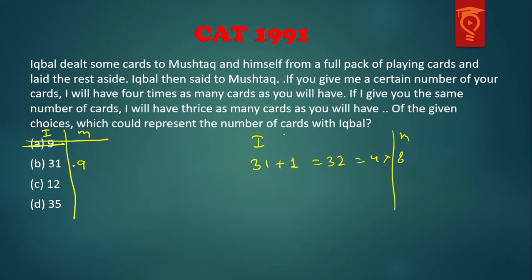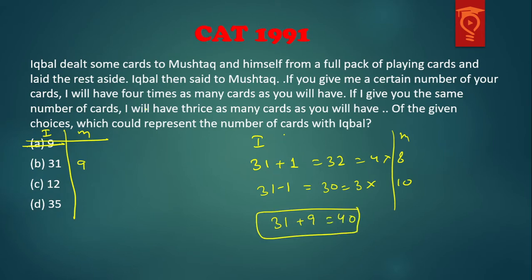Now if Iqbal gives away this 1 card to Mushtaq, he will have 30 cards, which should be 3 times 10. And yes, Mushtaq should have 10 cards now, because 1 card is received by him. So this is working out fine. And you can see that 31 plus 9 make 40 cards altogether.